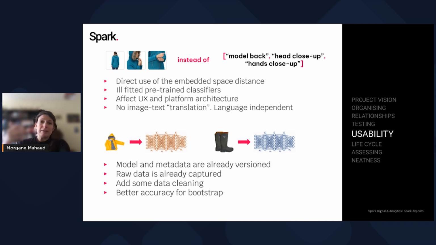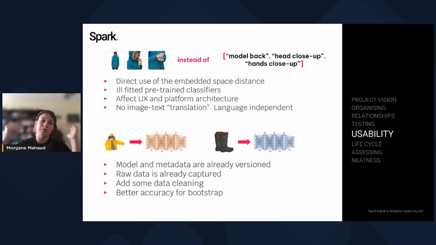Also, we are completely independent of language that way. We don't need English or French or Spanish or whatever. It's just images. It came with inconveniences too. It's not very practical. We can't directly use pre-trained classifiers, which rely on language. And that affects the UX and the platform architecture. So, to come back to the relationship, you have to communicate with the UX lead to see if it's possible, and how it's possible to do it with the system architect.